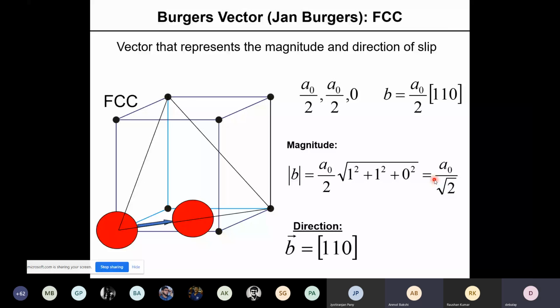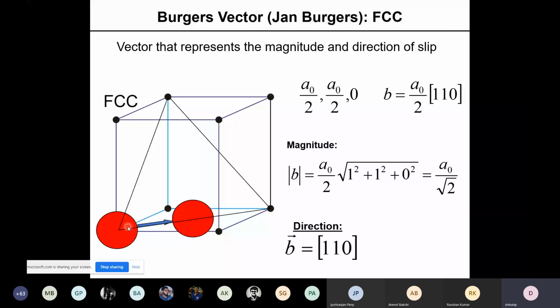Yes. Here you understand. FCC layer you can see, FCC plane you can see. I am showing a {111} plane. So let us consider the atoms are arranged on that plane. Let us consider this is my B plane.